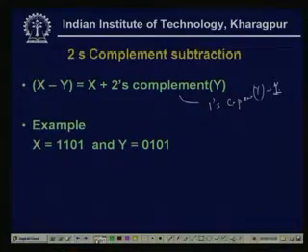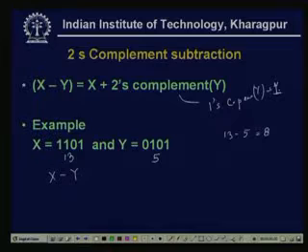We take one example first. There are two numbers, x is 1101, whose decimal equivalent is 13, and y is 0101, whose decimal equivalent is 5. I want to do x minus y, which should be 13 minus 5 equal to 8.